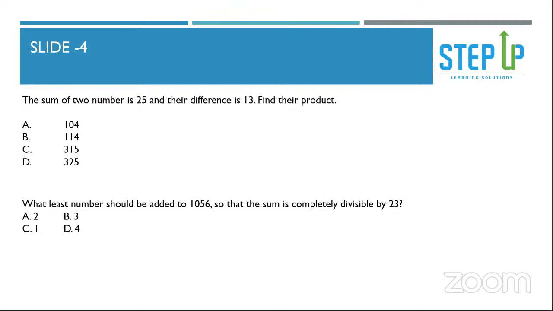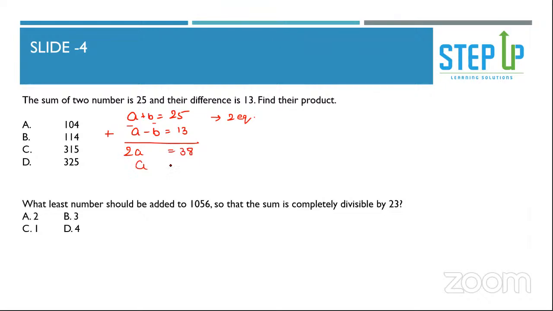The sum of two numbers is 25 and their difference is 13. Find their product. So a plus b is equal to 25, a minus b equal to 13. Can we calculate a and b because we have two equations, two variables? If I add these two equations, I'll get 2a is equal to 25 plus 13, 38.